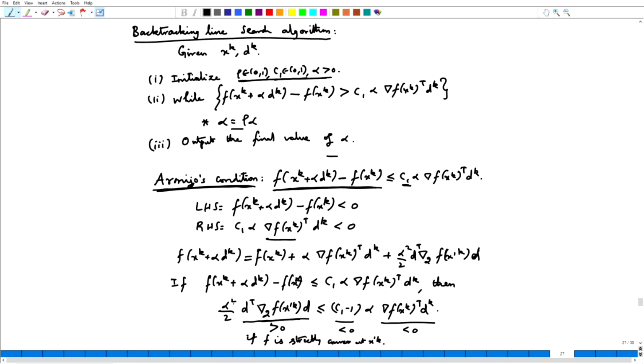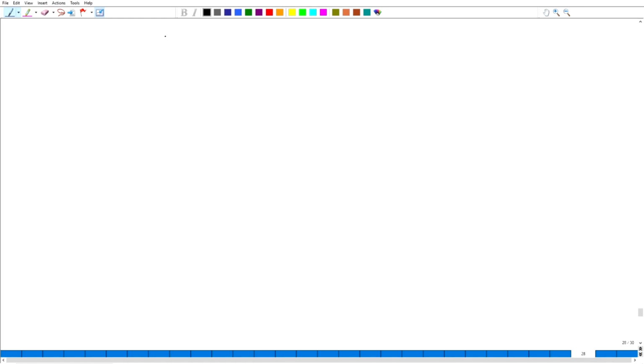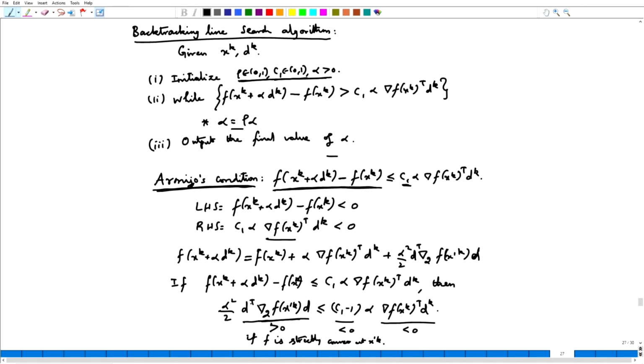So, I can cancel one of the alphas, okay, and write this as alpha by 2 into some positive quantity, which is this, less than or equal to some other positive quantity, which is C 1 minus 1 del f of x k transpose d k. Okay. Here also I should have written d k and d k.